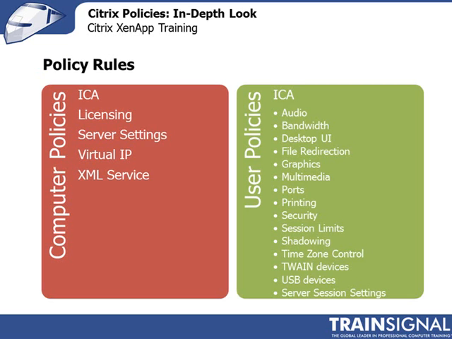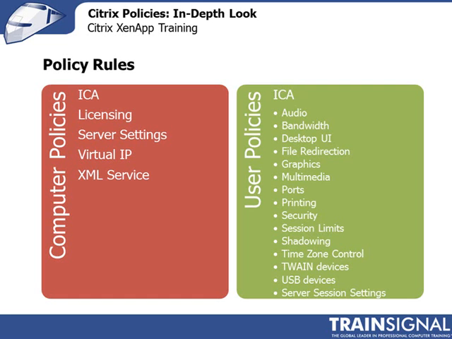So before we go ahead and get started with the policies, I wanted to make sure you understand the difference and how it's going to be broken up. There are two types of policies that you have with Citrix policies. There's the computer policies, which affect XenApp servers in general, and these policies have different categories. You have the ICA, you have licensing, you have server settings, virtual IP, XML service.